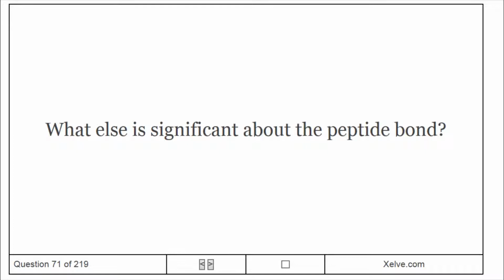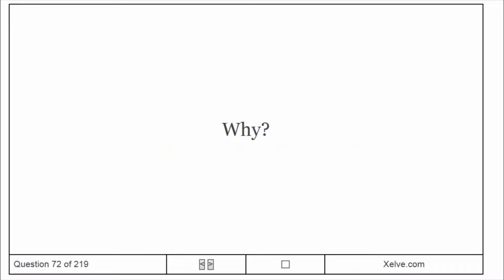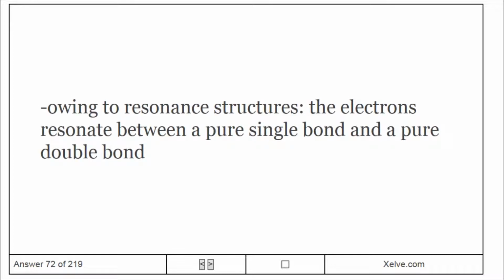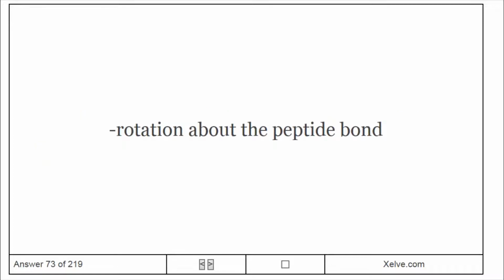What else is significant about the peptide bond? It has considerable double bond character. Why? Owing to resonance structures, the electrons resonate between a pure single bond and a pure double bond. What does this partial double bond character prevent?